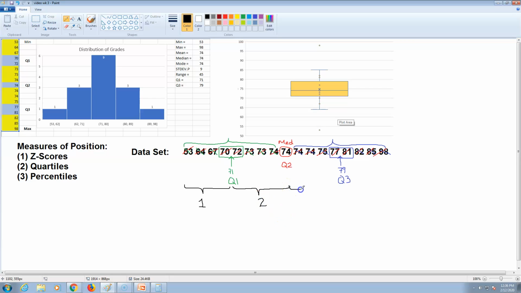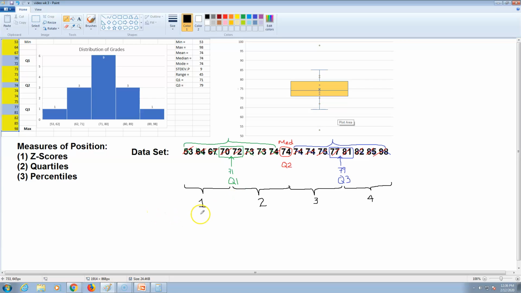From 72 all the way to 79, that's my third group. And then from 79 all the way to the end of the list, that's my fourth group. So you can see I divided the whole data set in 4 equal groups.